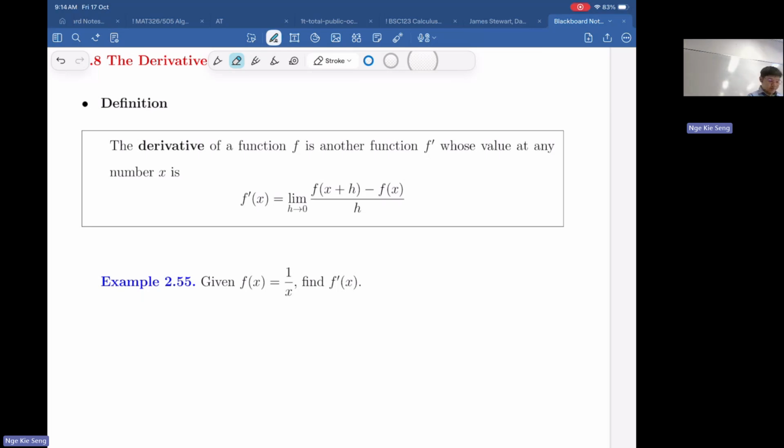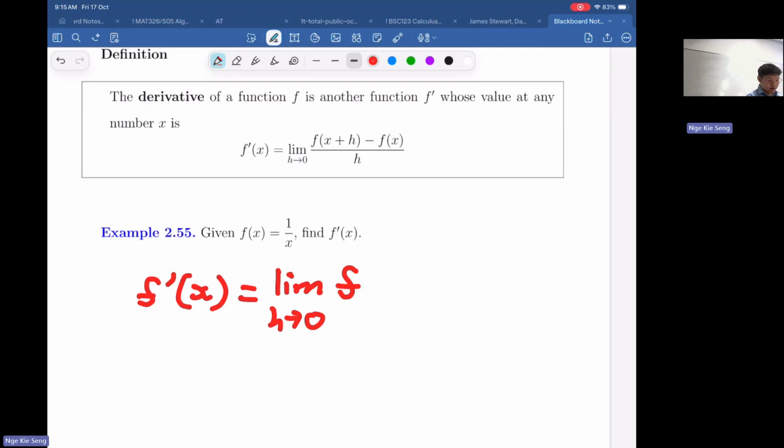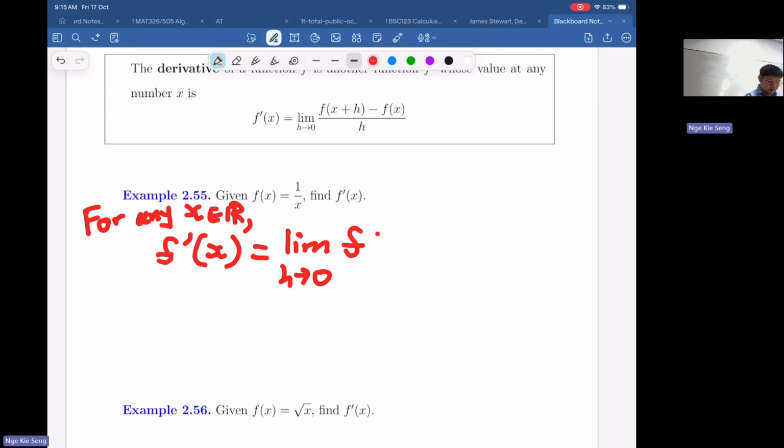So for example, if we want to compute the derivative of f(x) equals 1 over x, we just follow the same formula. We no longer use A because it could be general. I just compute it at every point, for any x in the real numbers. If this limit exists, then it becomes a function.